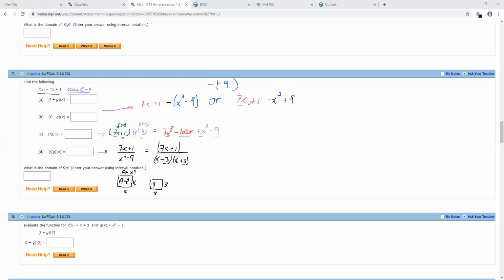And now we have 1, 2, 3, 4 terms. And let's just get in the habit of writing the final answer in descending order. So which one, Griselda, here has a variable x and which one's the biggest exponent? Negative x squared.